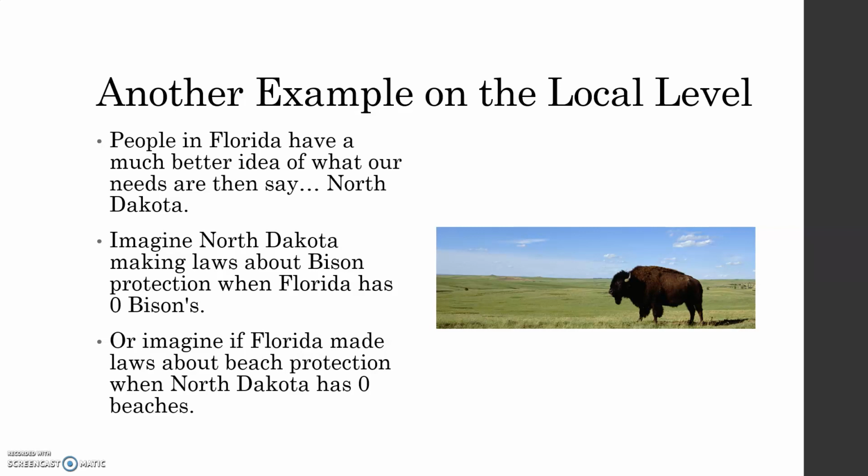But do you think people in Florida really care when there are 0 bisons in the state of Florida? Or imagine if Florida wanted to make laws to protect our beaches. Would you really want North Dakota to have any say in that when North Dakota has absolutely 0 beaches, at least ones on oceans, not lakes? Kind of gives you a little bit of an introduction and summary as to why we need these things.